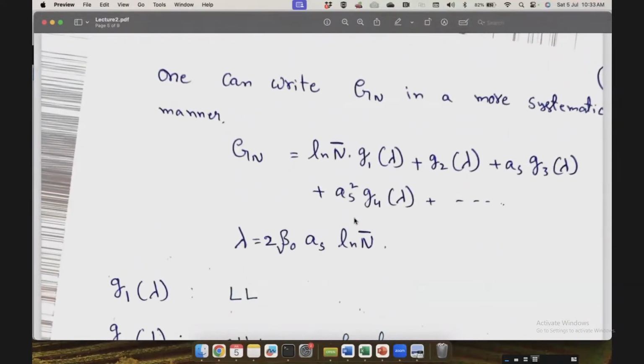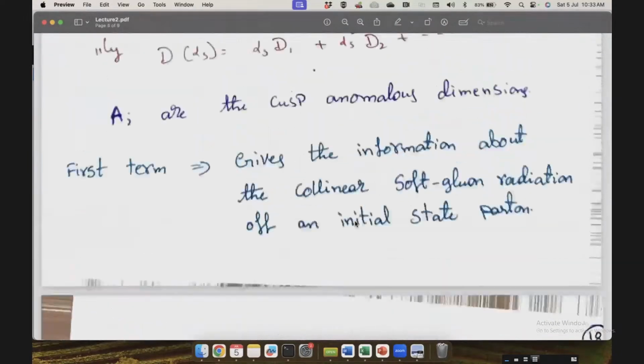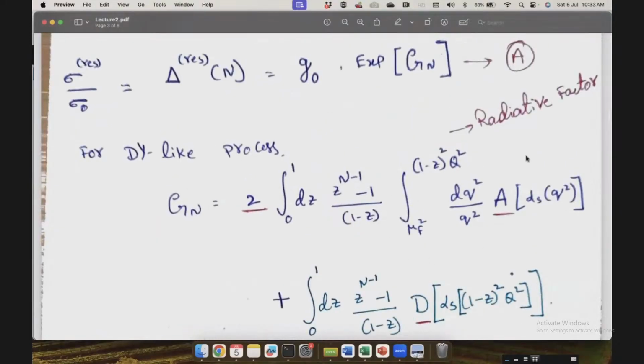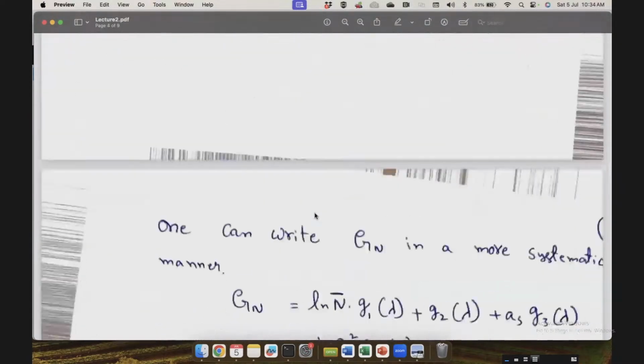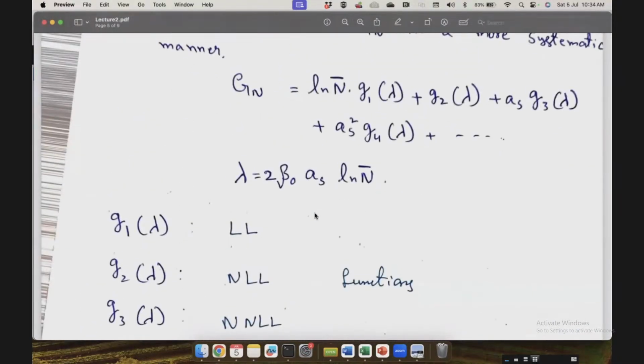So now again come back to this thing. I hope now it is understandable, right? So first you do the Q integration, and after doing the Q integration you take this Z integration. That is essentially a Mellin transformation. After doing both integrations with respect to Q square as well as Z, for the A functions and for the D functions, you organize the resulting logarithms in this particular order.